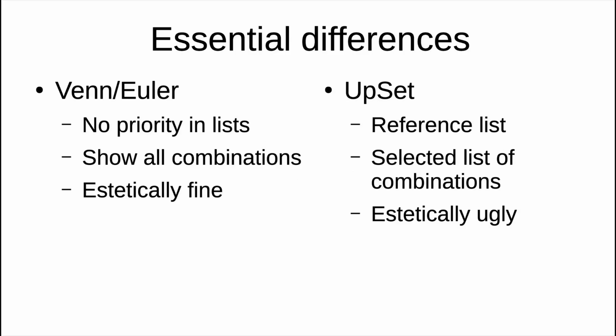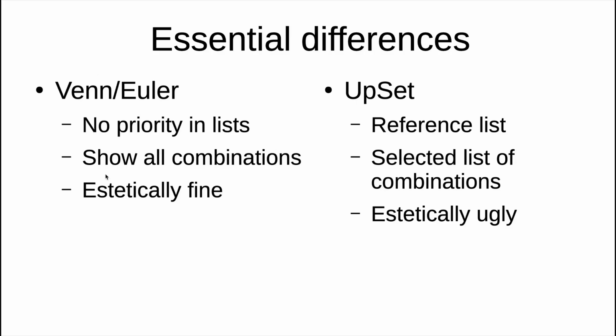So the essential differences between Venn, Euler, and UpSet can be that in Venn and Euler every list is equal to another, no priorities. In UpSet you can set one list as the reference one to which you will apply all other combinations.